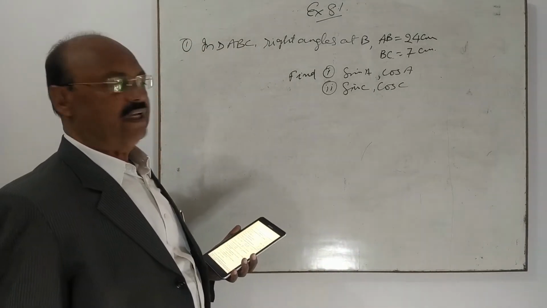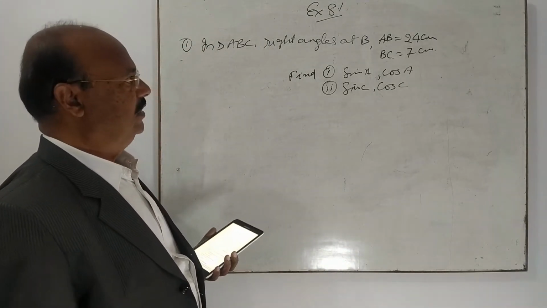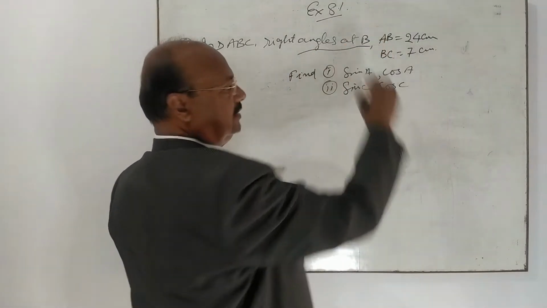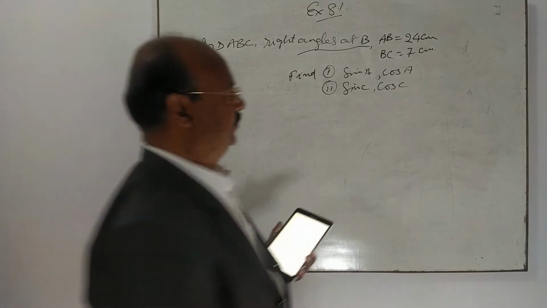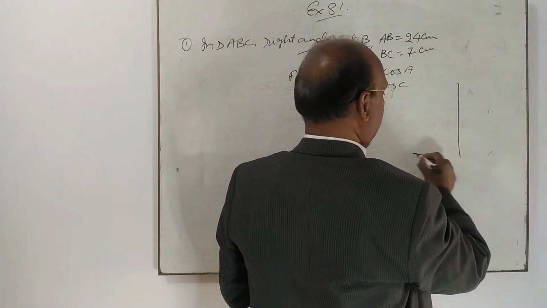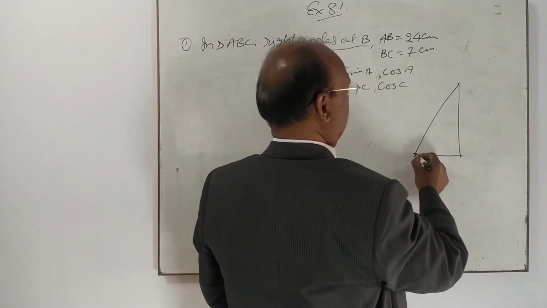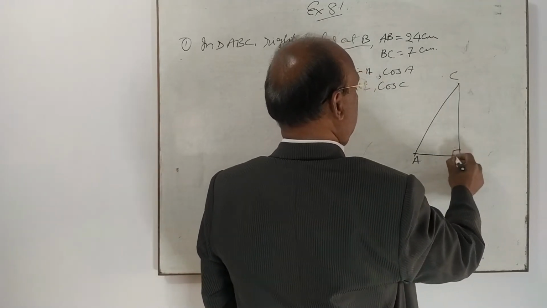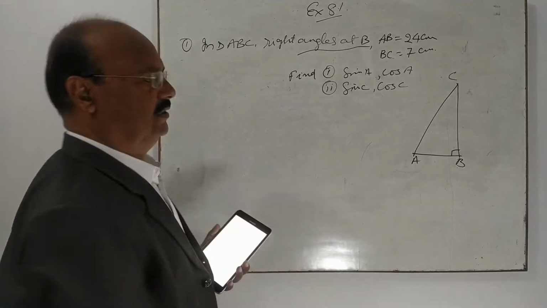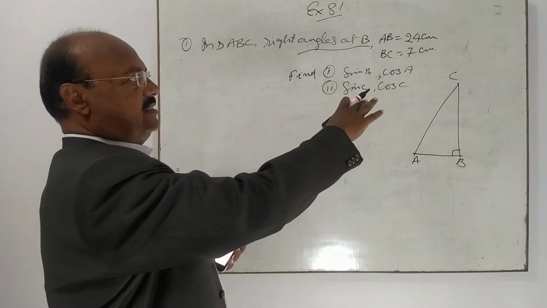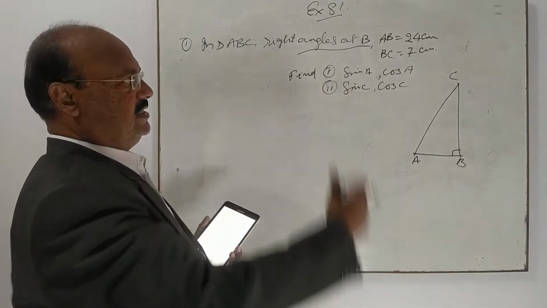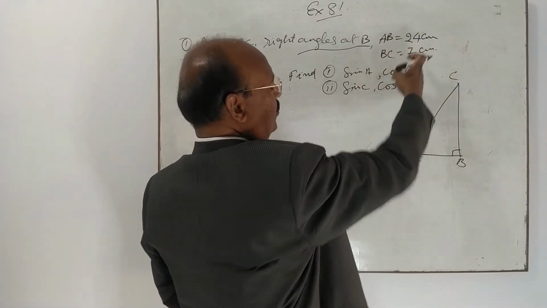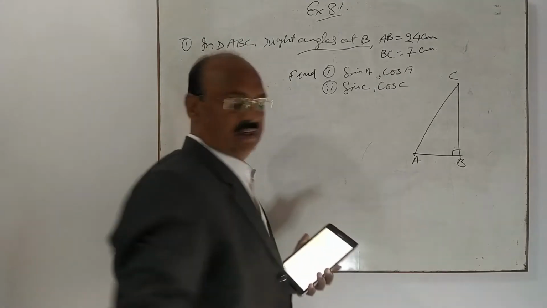So for a clear concept of this question, let us draw a right angle triangle where the right angle is at B. Suppose A, B, C. This is very symbolic. We are not measuring the sides, but we can take care: if AB is 24 centimeter, it is better to take the longer side AB.